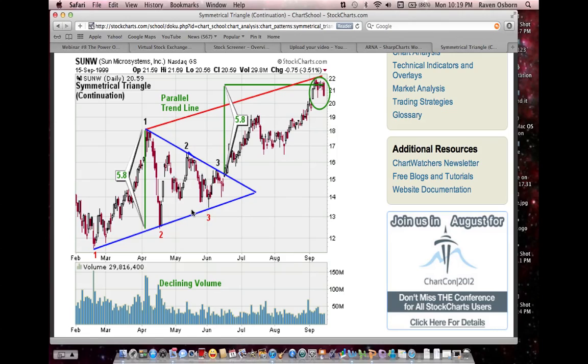Now, when you guys are screening through stocks on finviz.com, I don't think that they allow you to use, under technicals, symmetrical triangles, but they have the other two triangle patterns. At least I know they have one of them.